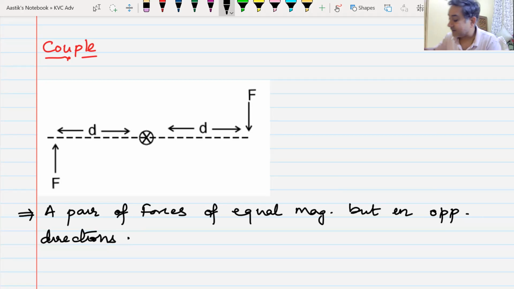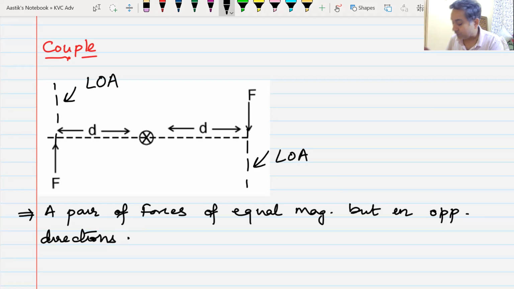Now, if you look at this line and this line, this is the line of action, LOA, of force 1. This is the LOA of force 2. The lines of action are different.